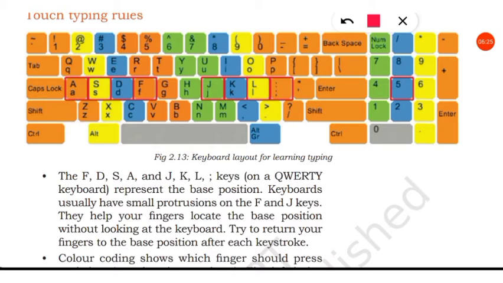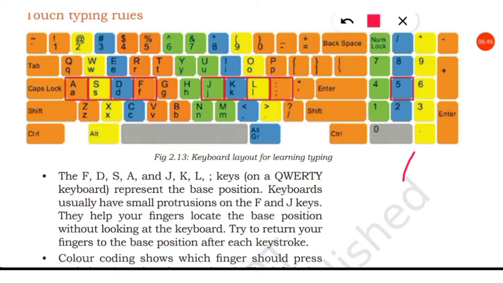They help your fingers to locate the base position without looking at the keyboard. Just by touching the keys, you can identify that it is F and J.